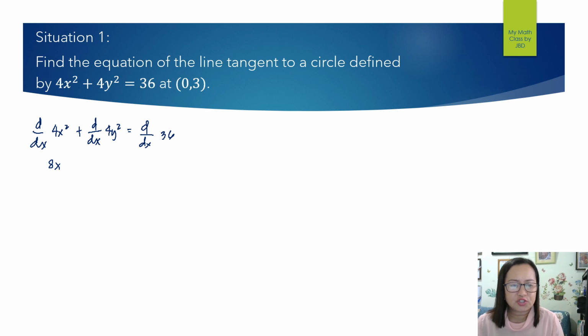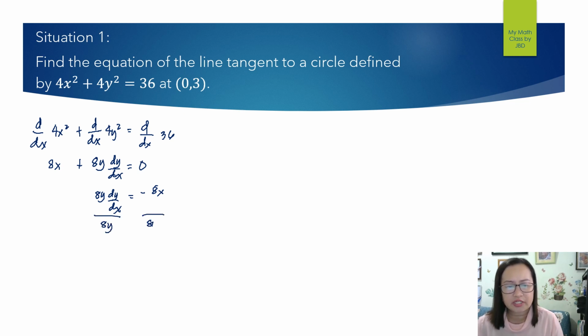Then the second term, we will have 8y dy dx. And then the derivative of a constant is 0. Isolating the term having dy dx, we need to transpose 8x to the right side. And then we divide both sides by 8y in order to solve for dy dx.